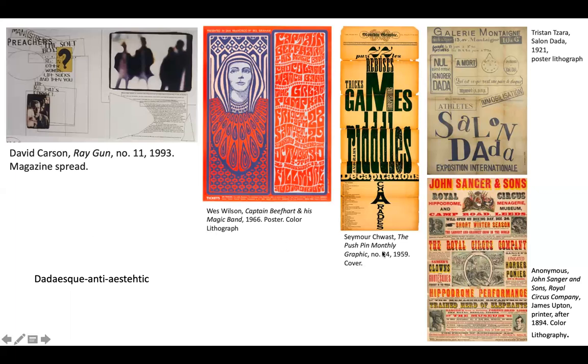So we have that. Then, of course, a little bit earlier, you might remember, we had the Pushpin Monthly Graphic. They just found, or intentionally looked for, these wooden letter forms that they would collect, and then they used them, right?